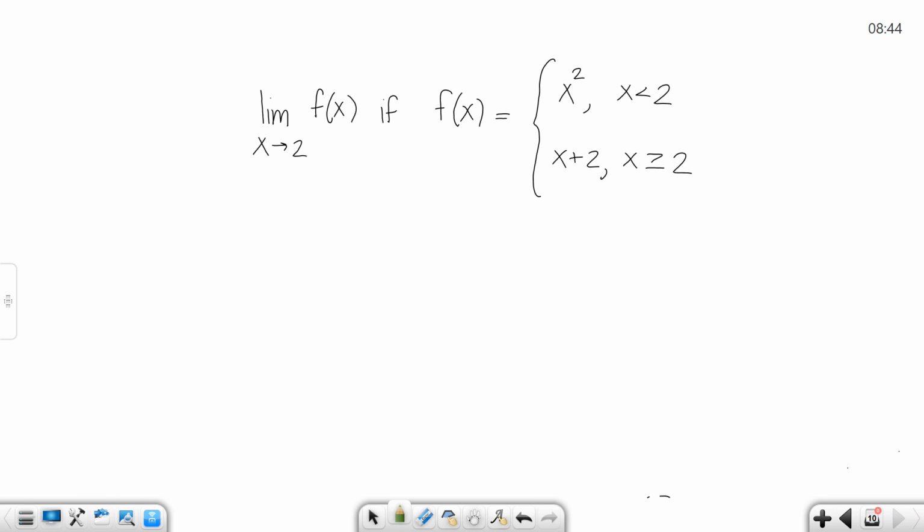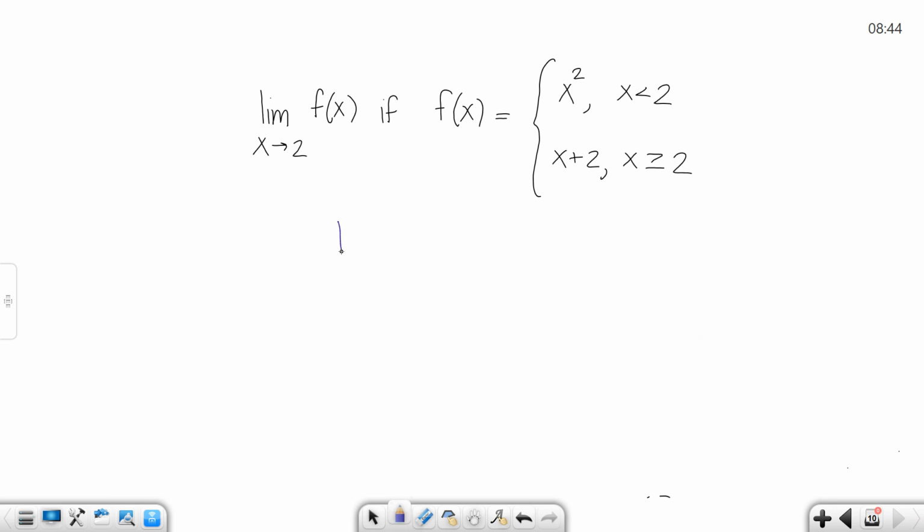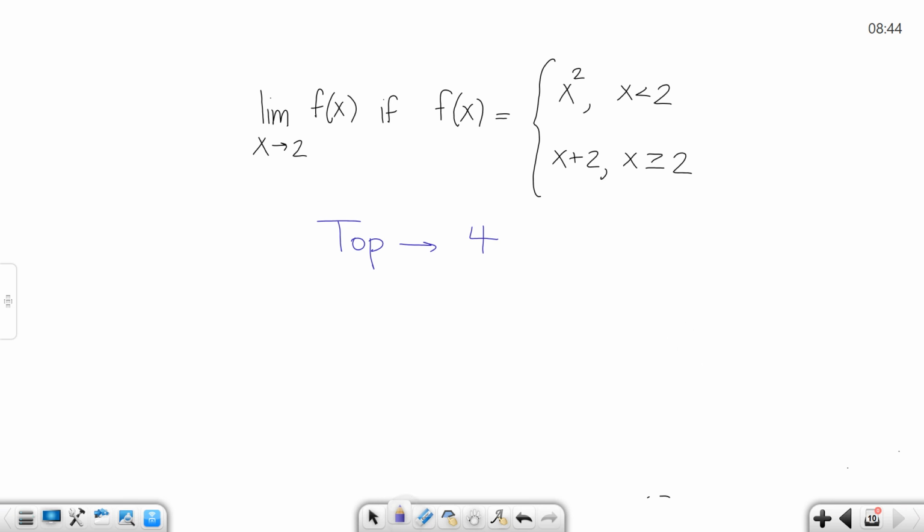Okay, same thing here, except this time we're going to plug in 2. If I plug in 2 into the top, that gives me 4. If I plug in 2 into the bottom, that gives me 2 plus 2 is 4.